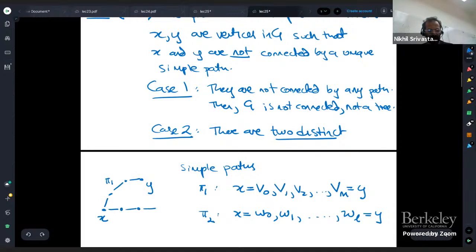So this one could be longer, let's say. And now these paths really are a sequence, right? Paths are ordered. And so in the picture, even though the graph is undirected, it's helpful to draw some arrows to show where the path is going. So that's pi1, and this is pi2.